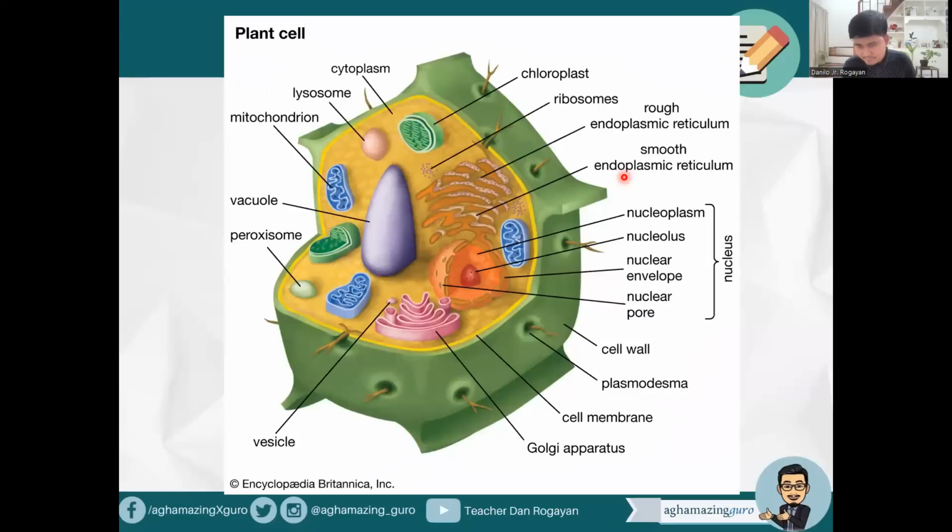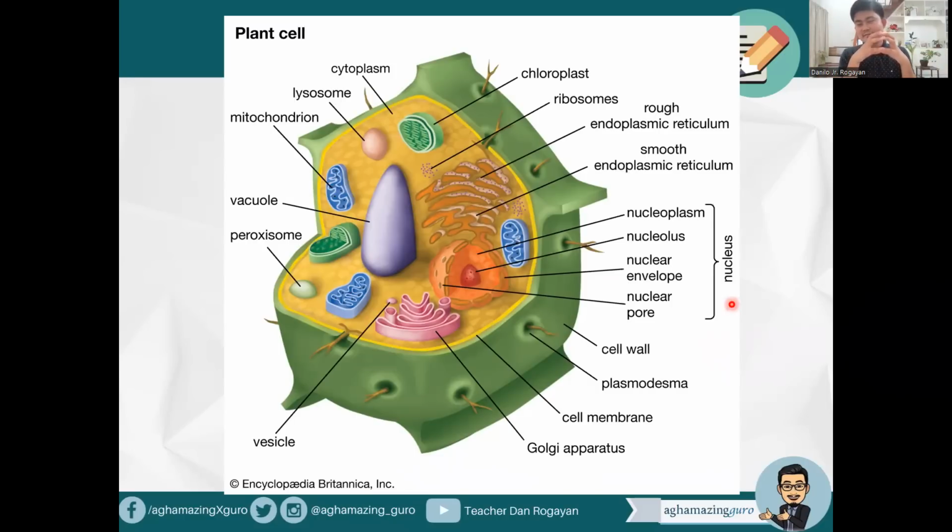Yeah. Question. How do you call a stomata that is open? Remember, nag-open and close yan. May time na nag-close at may time na nag-open. Sige. Anong tawag natin sa open stomata? Okay. We call it, is it flaccid or turgid?